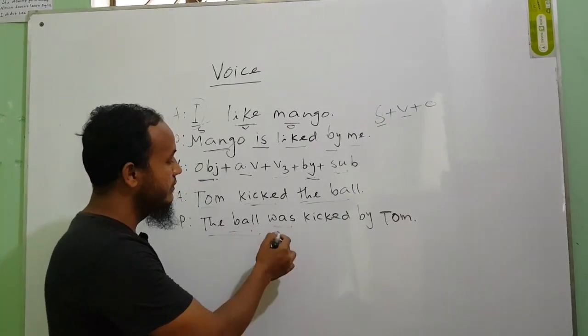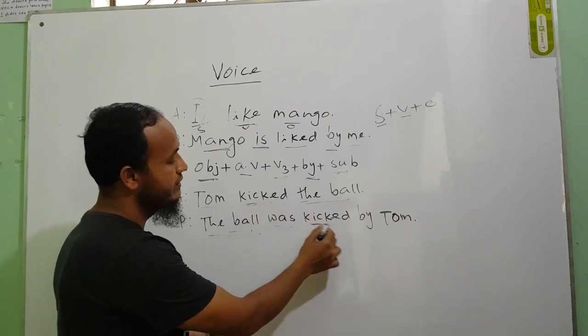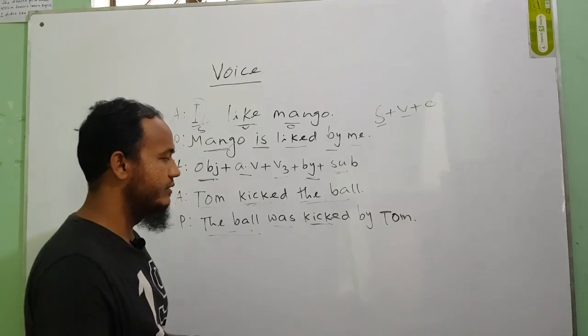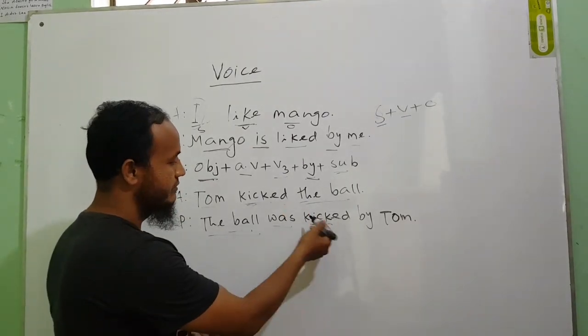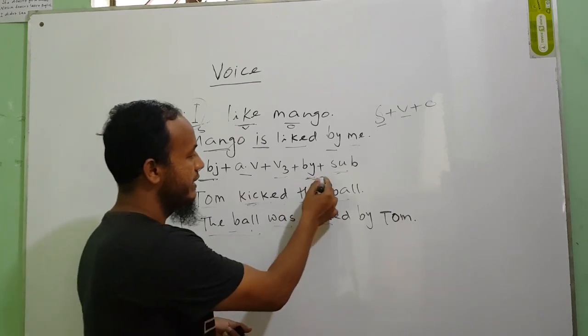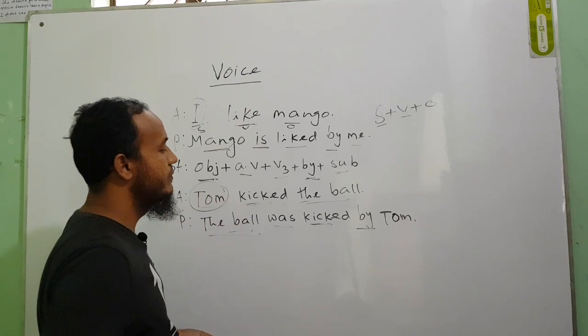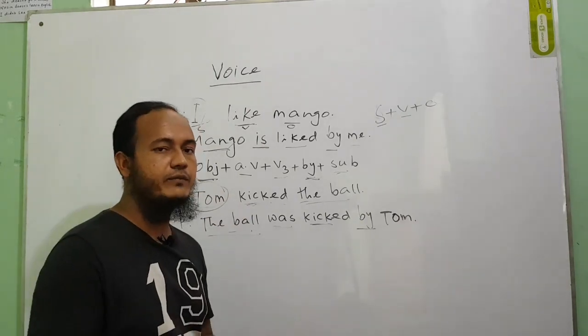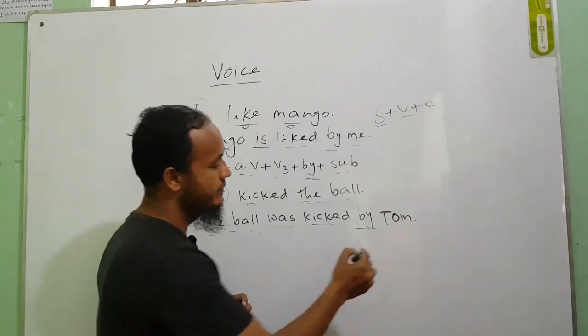Okay, so the ball was, and then V3 of the main verb kick. So kick is already in past participle form, kicked, so I don't need to change it. All right, so kicked will be kicked, and then preposition by according to structure, and then the subject of active voice Tom will be all the same in passive voice as object. So here you have to remember one thing.